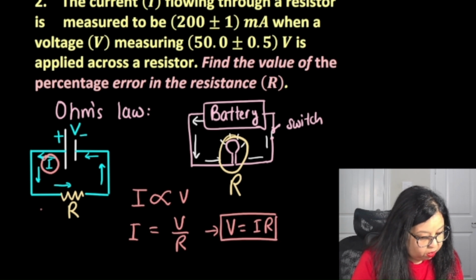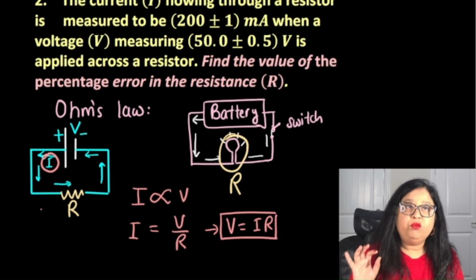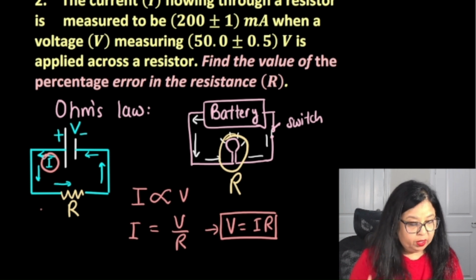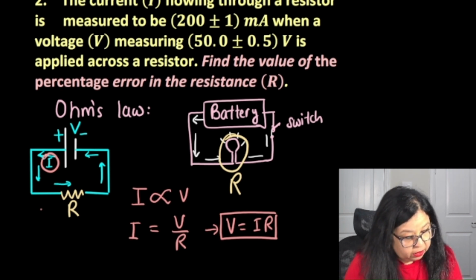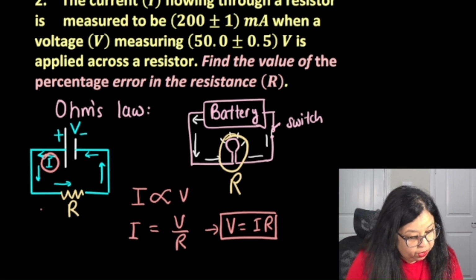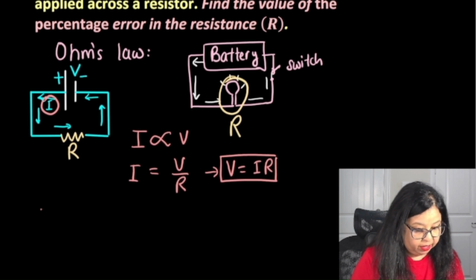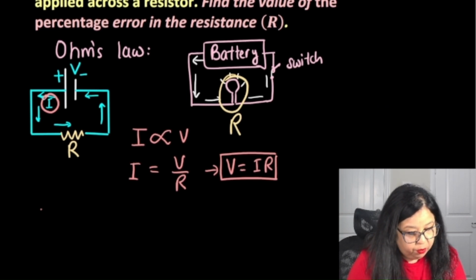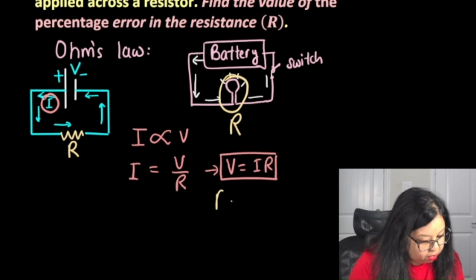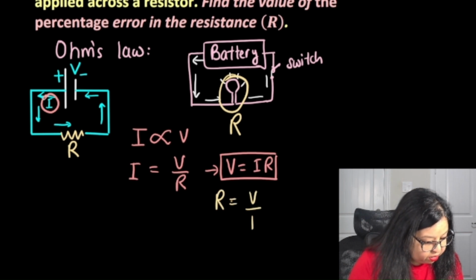And this is your Ohm's law. Ohm's law says that voltage equals electric current times resistance R. In this case now, we are asked to find the percentage error in the resistance R. So from the same equation, R equals V over I.